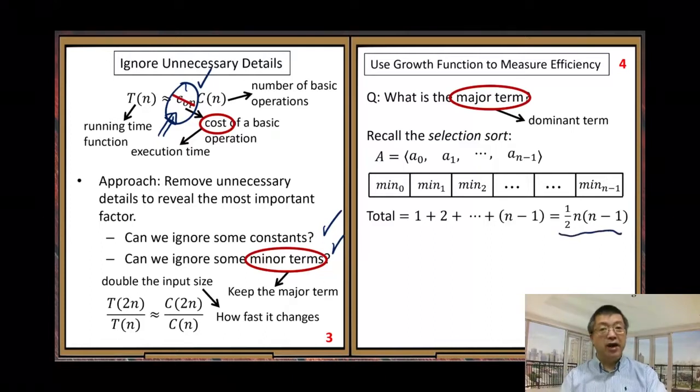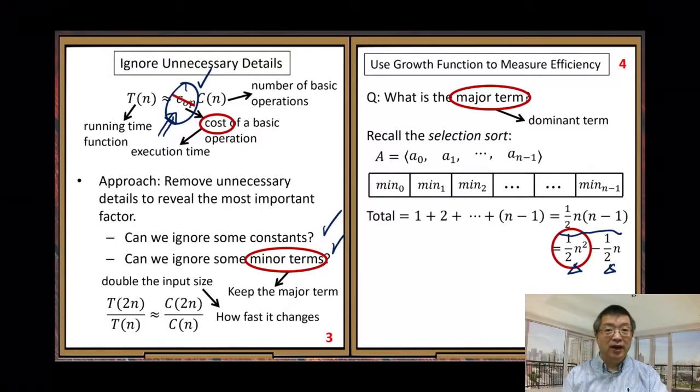Now let us discuss the dominant term, major term, and minor term concepts. Here we have two terms. You can easily see the first term is dominant. The first term dominates the second term. The first term we can call the major term, and the second term we can call the minor term.